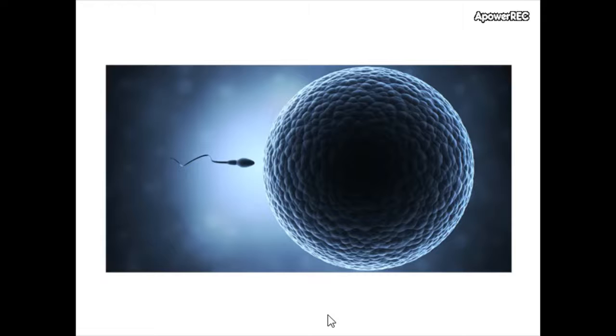So if you wanted to make a set of 46 from two cells fusing together, you would have to have one cell that only had 23 and the other cell that only had 23. When you combine their two bookshelves, you get the 46 books.